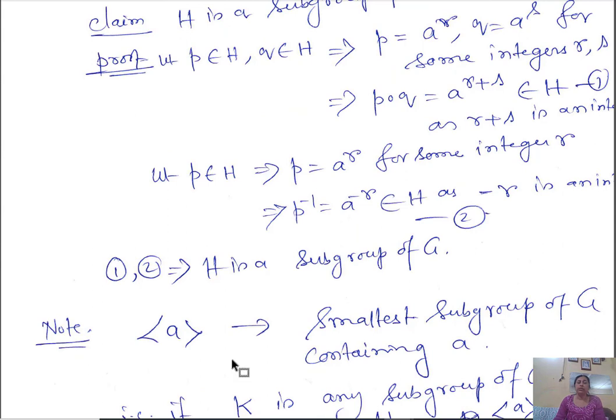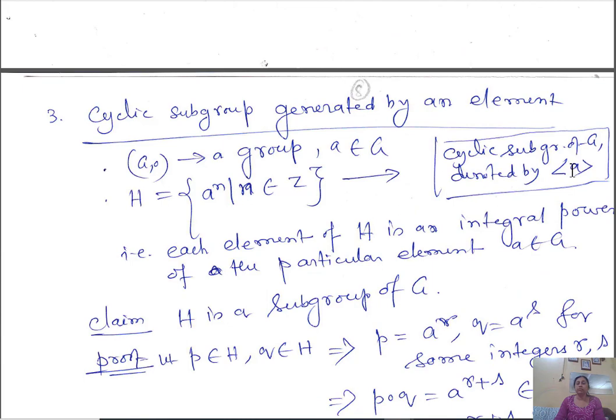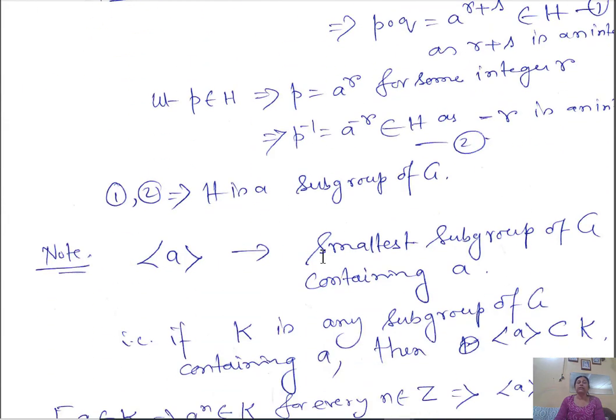And one point to note here is that this set H, if you denote it by this notation, is the smallest subgroup of G containing A. What does this mean? Smallest subgroup of G containing A means if you have any other subgroup of G containing element A, then this one is a subset of it.